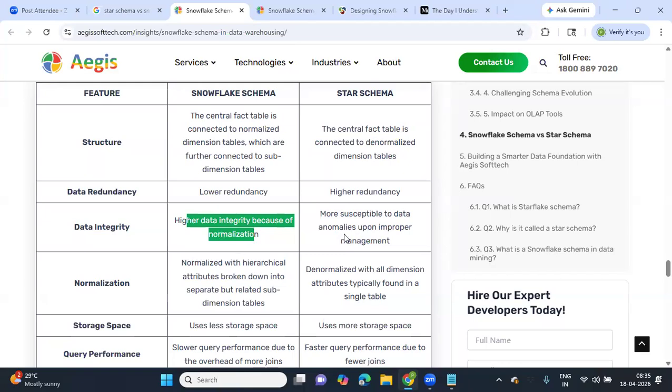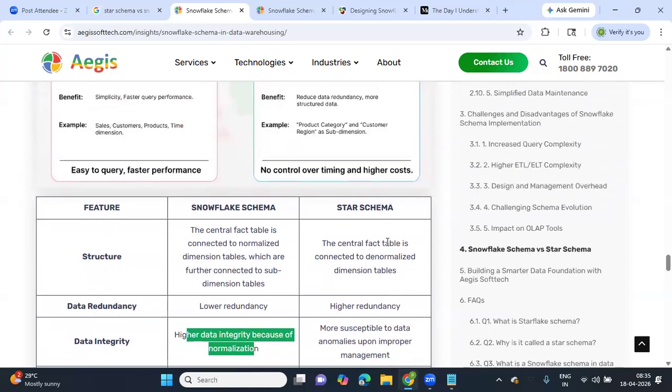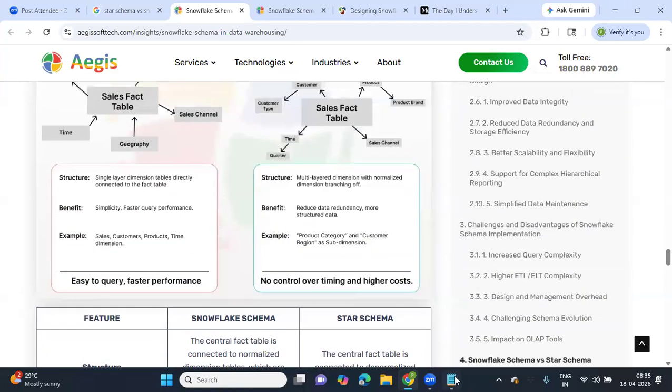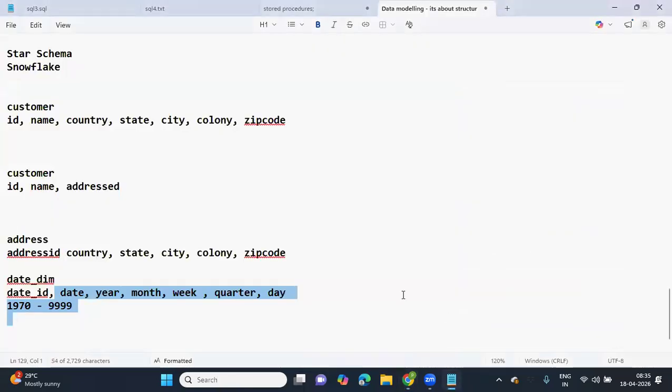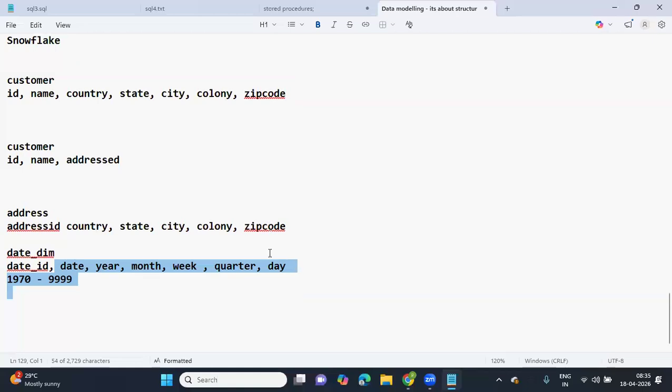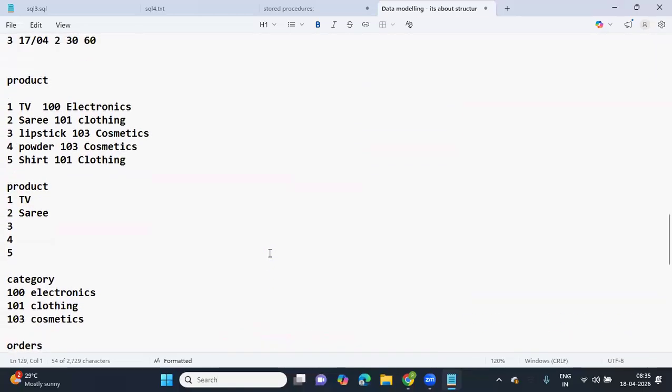The star schema is more susceptible to data anomalies upon improper management, because in the star schema we have multiple entries for the same ID. Let's say we are taking this ID, we will have multiple entries. Let's say our intention is to join on powder. I want to get powder, but accidentally I did not see that another product comes into cosmetics.